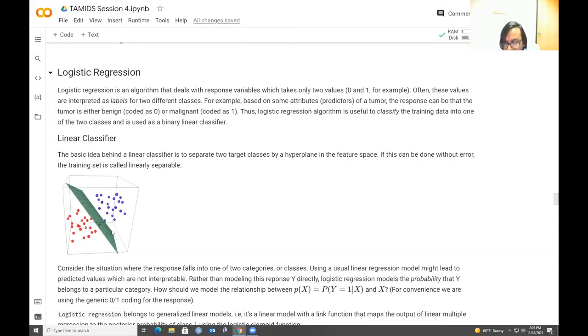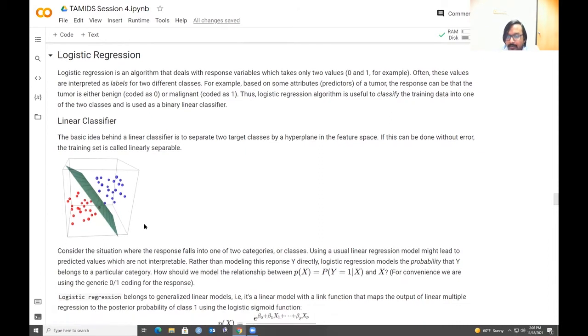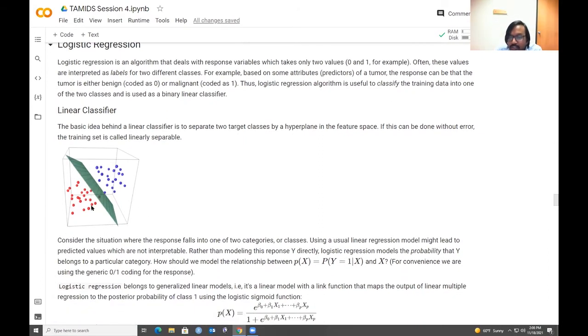Notice the hyperplane that separates the blue dots from the red dots. If such a separation is possible using a hyperplane, then this training set or data set is called linearly separable. And this is what we are trying to do in general using a linear classifier.